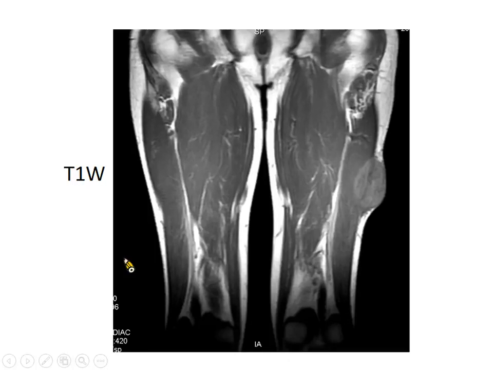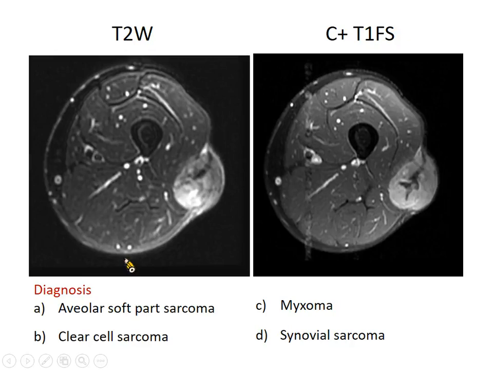Can anyone identify the fascia I mentioned, which is very important to differentiate whether the lesion comes from the muscle, the subcutaneous region, or the epidermis? So you have to go to the axial image.